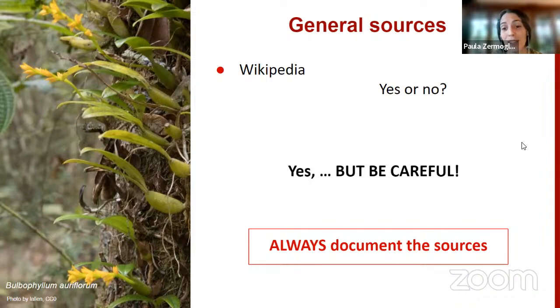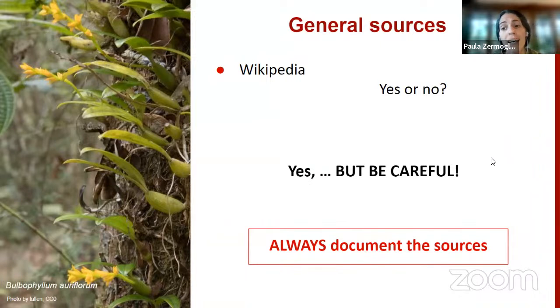This is a typical thing that we tell kids. Don't trust what you see on the internet, but use it as a tool to be able to look for more information in more specific or more dedicated sources.